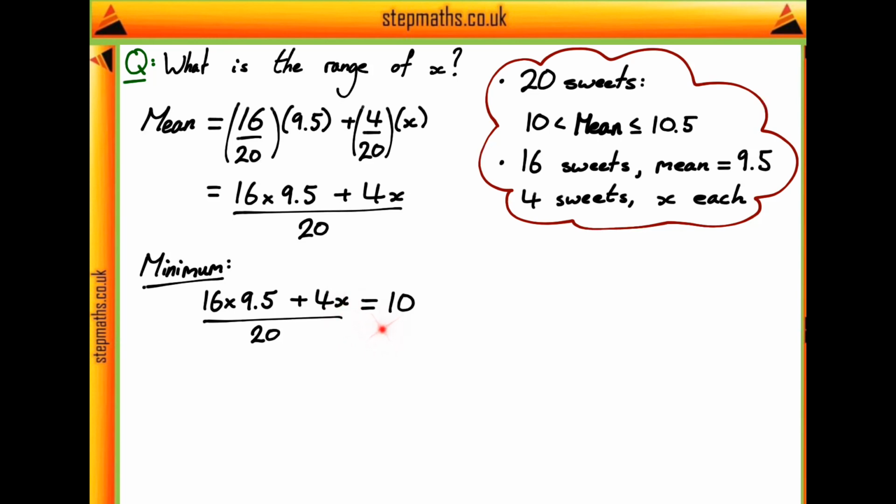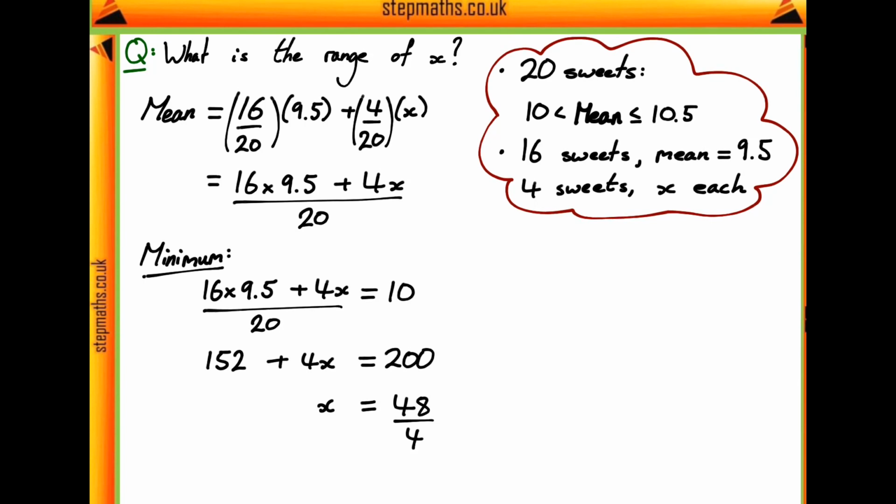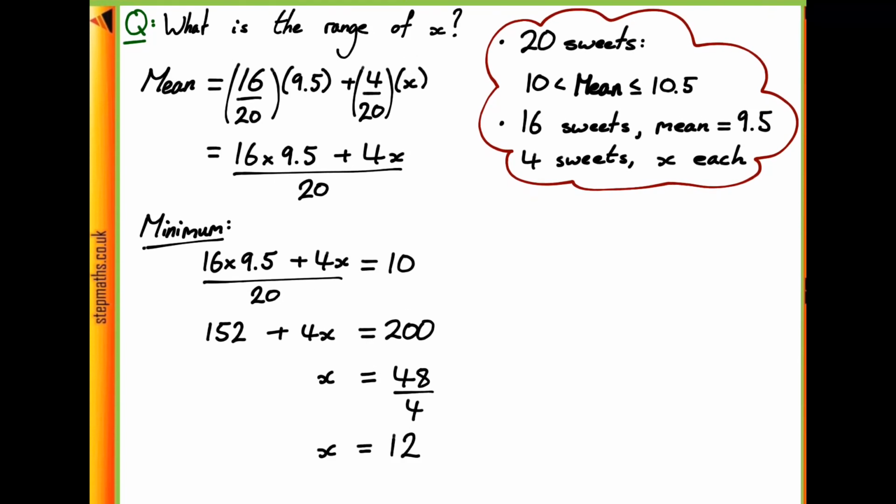So let's just rearrange this. Multiplying by 20, first of all, makes the right hand side 200, and then we can take away our 16 times 9.5, giving us 152. And then dividing by 4 gives us x equals 48 over 4, which will cancel out just to give us x equals 12. So the mass of our last 4 sweets would be 12 grams each.